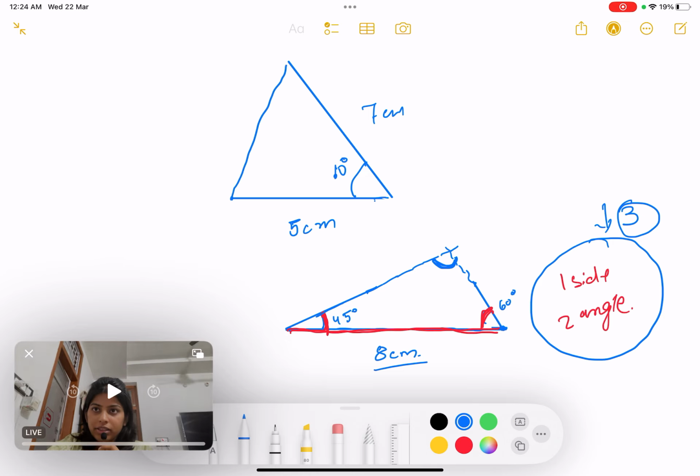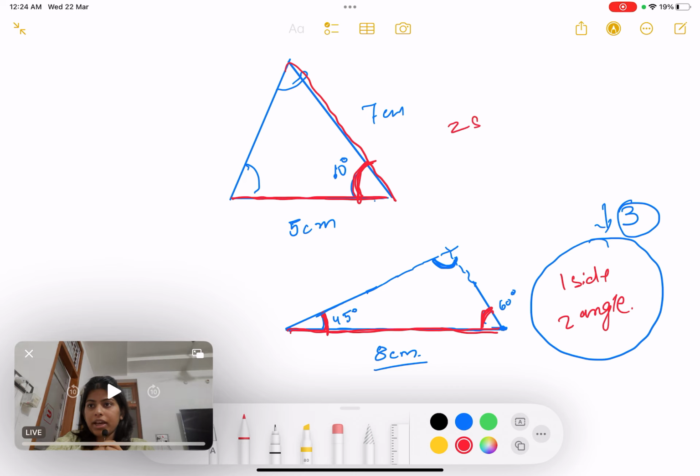This side is already predetermined, and these two angles are predetermined. So what I decided about the triangle was two sides and one angle. The other side and these angles were predetermined.